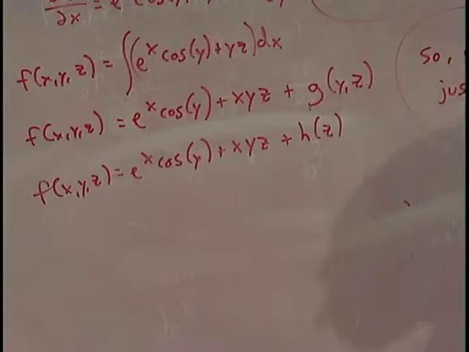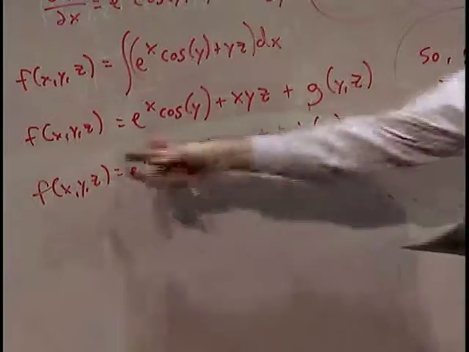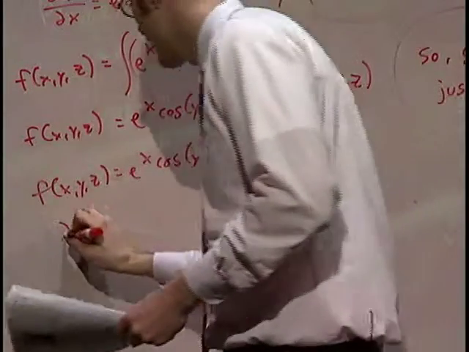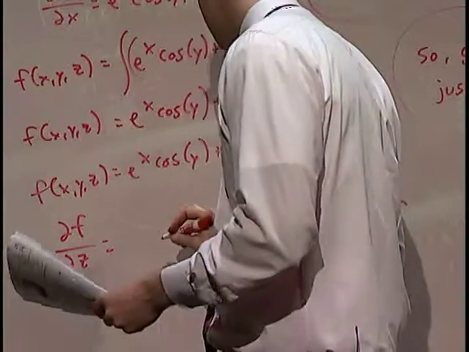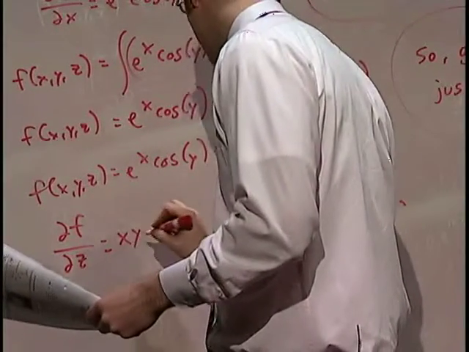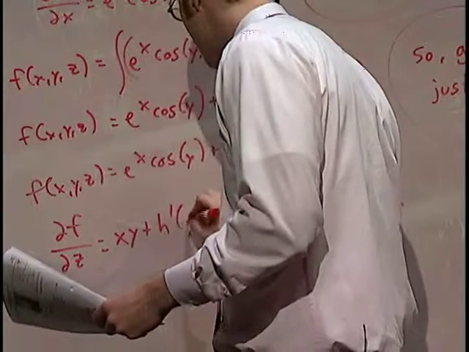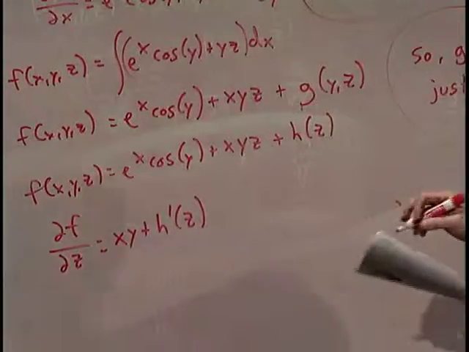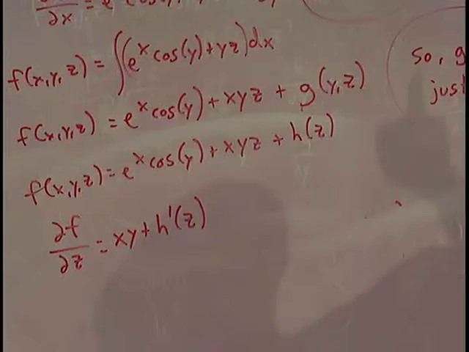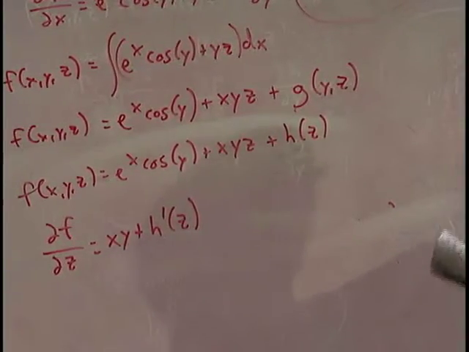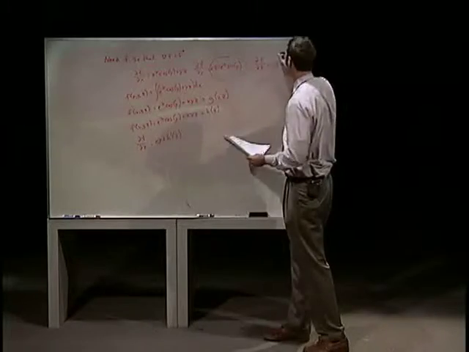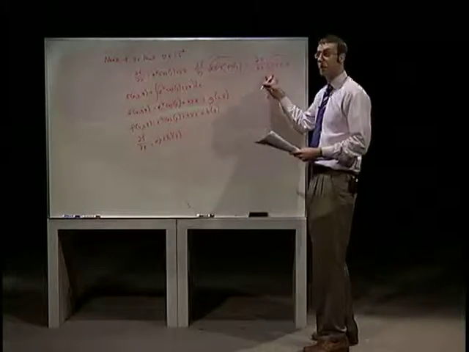So now let's do one more derivative. Let's take a derivative with respect to z of both sides. So we have partial f partial z on the one side. The other side we have xy plus h prime of z. But this thing has to match what's already up here in terms of partial f partial z.